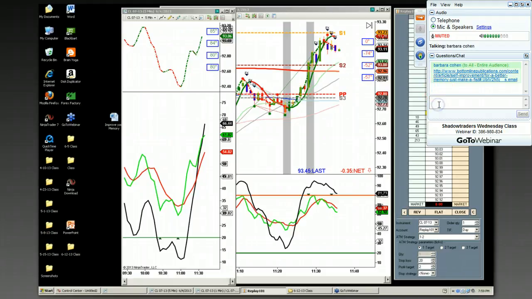Yeah, Scott, absolutely. The CFTC, what can we do? The big deal here is liability for Barbara and Shadow Traders. And there's nothing that I want to do that would create any problem for any of Barbara's students or for Barbara and her company.